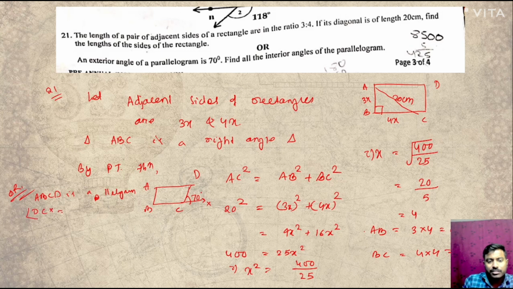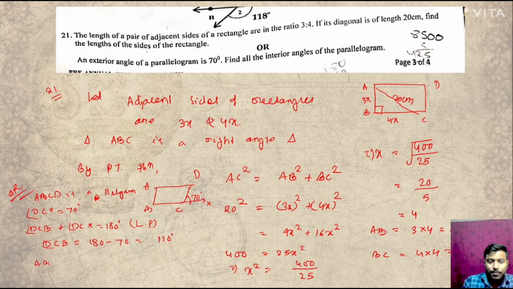Angle DCX is equal to 70 degrees, but we know that DCB plus DCX is equal to 180 degrees, linear pair. Then we can find DCB is equal to 180 degrees minus 70, that is 110 degrees. Now this is a parallelogram.